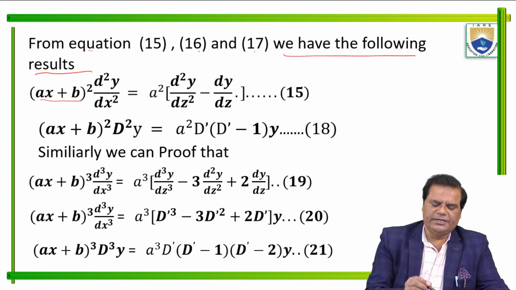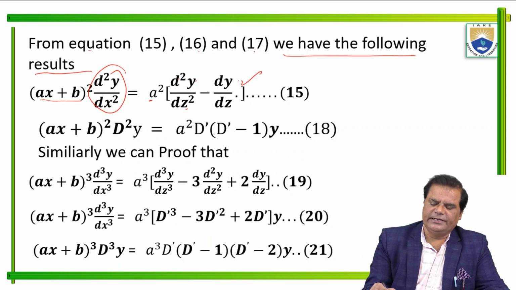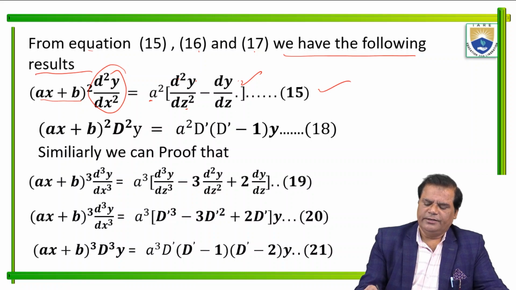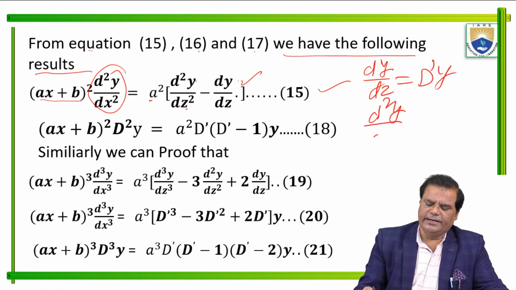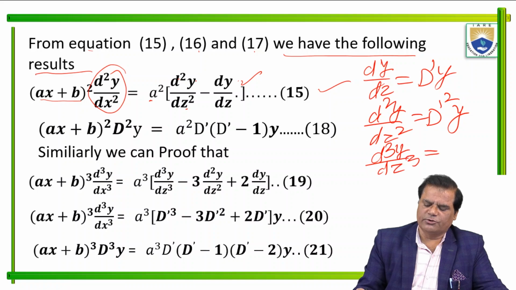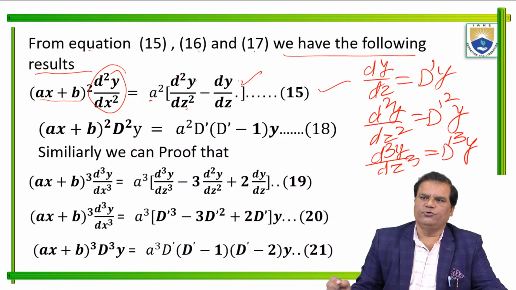So now from equations 15, 16 and 17 we have the following results. (ax+b) whole square d2y/dx2 equal to a square [d2y/dz2 minus dy/dz]. This is equation 15. Now writing in derivative form: dy/dz is D dash y, d2y/dz2 is D dash square y, and d cube y over dz cube equals D dash cube y.